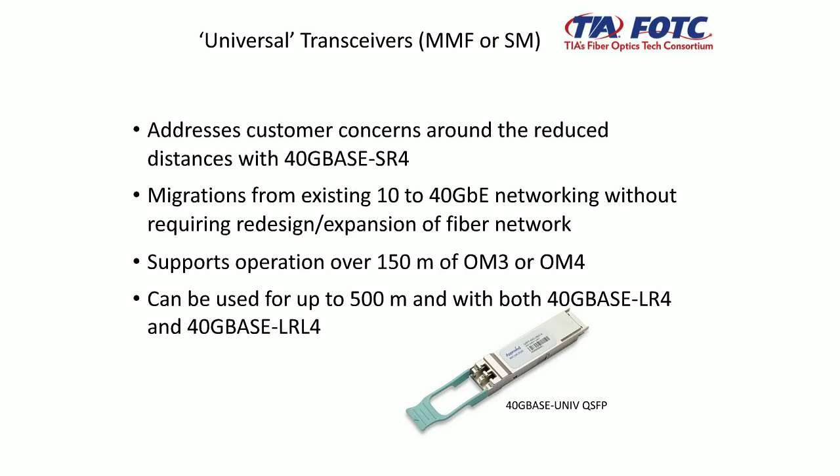It's basically a multi-wavelength solution, and it produces 150 meters over OM3 or OM4 and 500 meters over single mode fibers. So customers can support the legacy multimode cable plant, and a pretty reasonable reach of 500 meters covers most applications in the data center for single mode fiber. People like to have one part number.